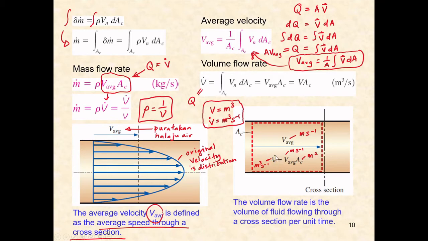V dot, where the dot means divided by time, in meter cubed per second. But if it is V only, without the dot, you get the volume, meter cubed. V average refers to the velocity, and A is always referring to the area, which is meter squared.